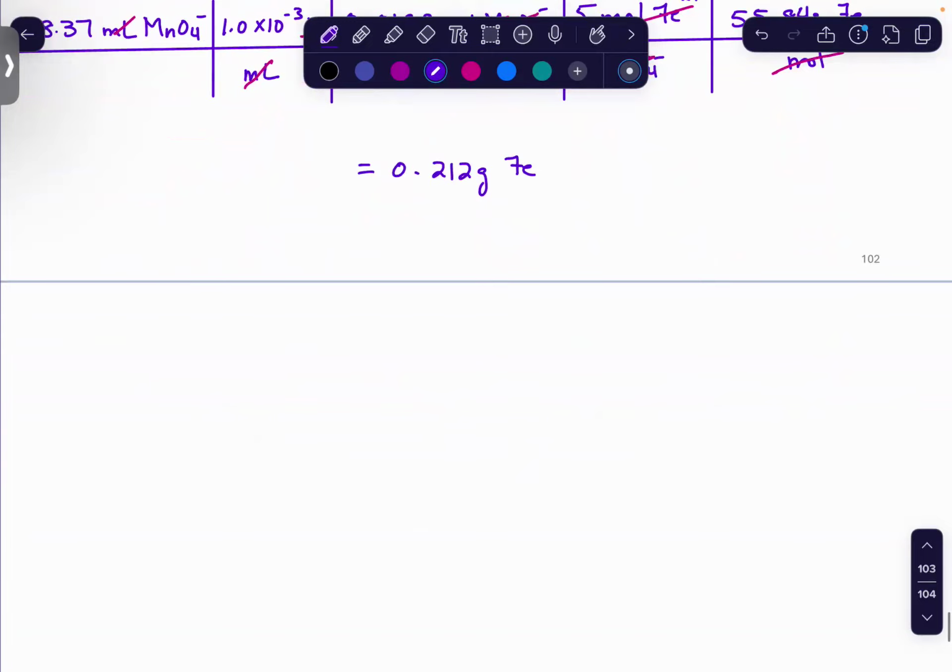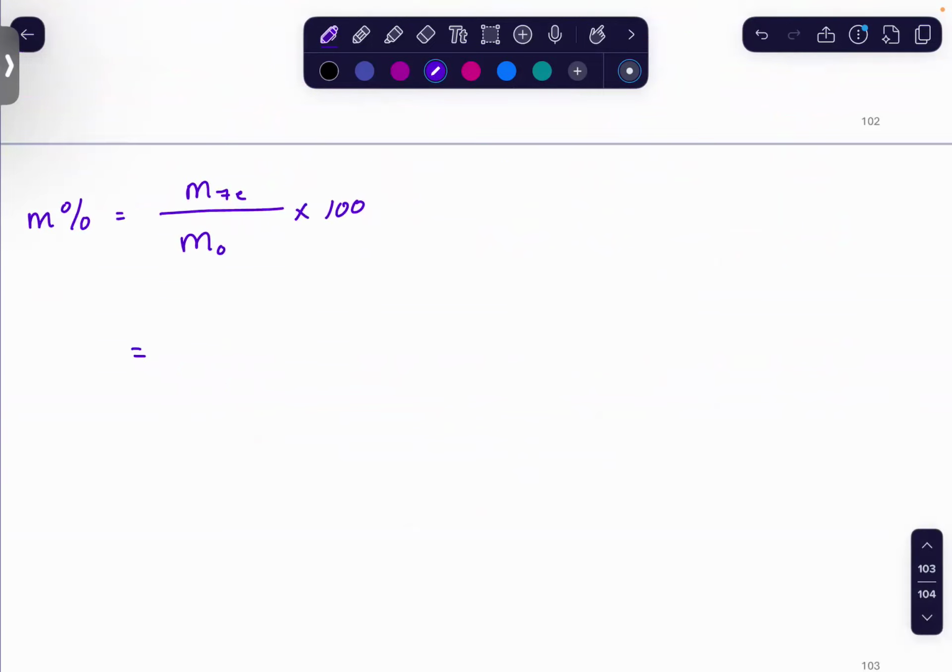Okay, now mass percent. That is going to be the mass of iron divided by the total mass of the ore times 100. That is going to be 0.212 grams over the original mass of the ore, which was 0.6128 grams, times 100.